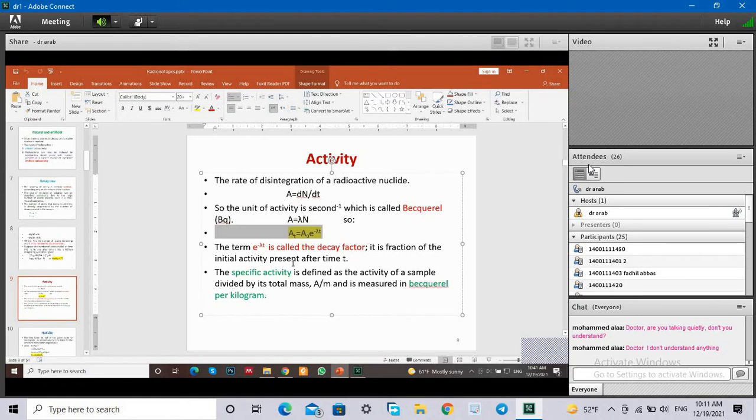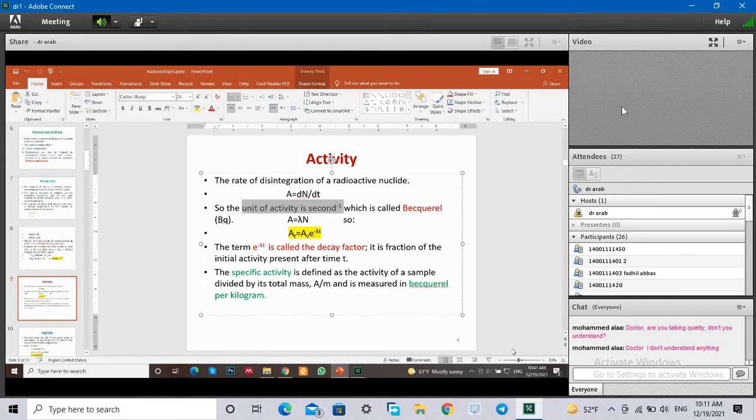The unit of activity, as shown here, is the becquerel. And the other component that you sometimes face or see in another book is specific activity, defined as the activity of a sample divided by its total mass.